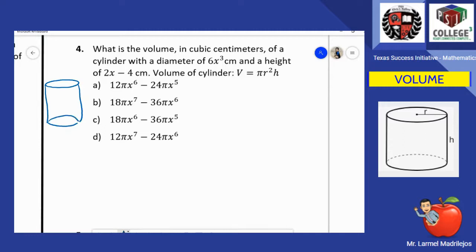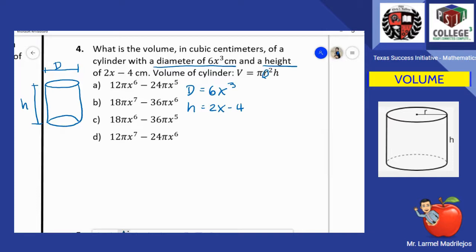They mention the diameter of a cylinder. The diameter is 6x to the cube. And the height of the cylinder is 2x minus 4.